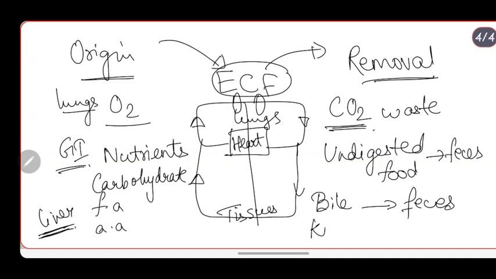Now we have kidneys in our body which also help in the removal of waste products. Blood gets filtered in the kidneys. As it moves through the body, it also moves through the kidneys, and the kidneys filter the blood. Like here, it is a nephron. What are nephrons?